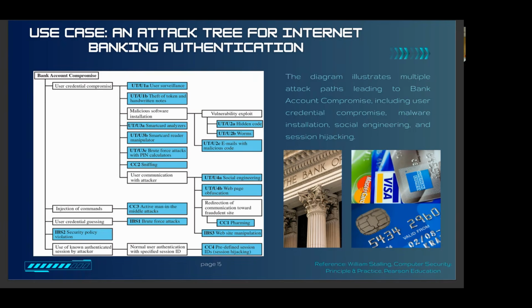So they can put hidden code, the worms, can use email with malicious code. So this can happen. Malicious software installation. So we can use Metasploitable or Metasploit package to do this.